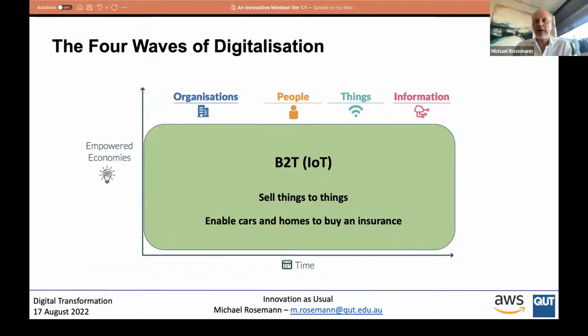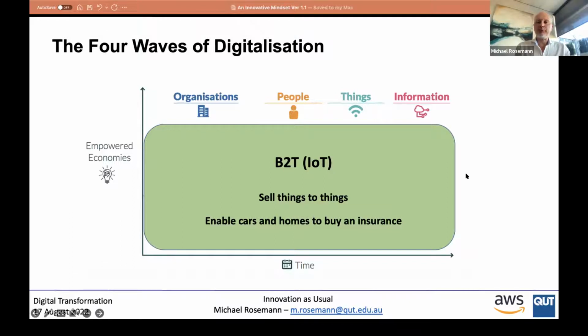I personally believe that cars will buy car insurance before they drive on their own, because it's so much easier to implement. So this insurance company and bank prepared a call center for the day that a car and not a human wants a quote for home insurance or car insurance.